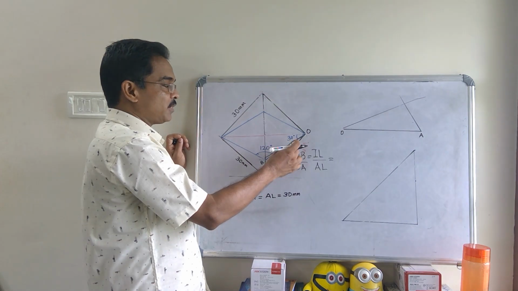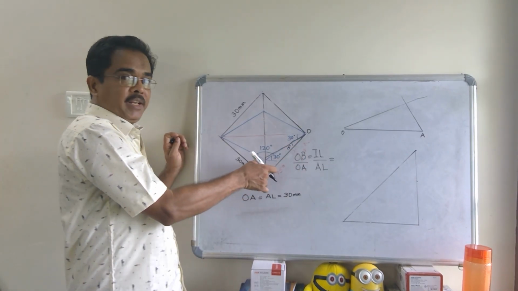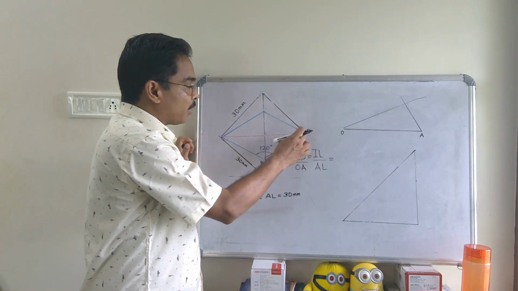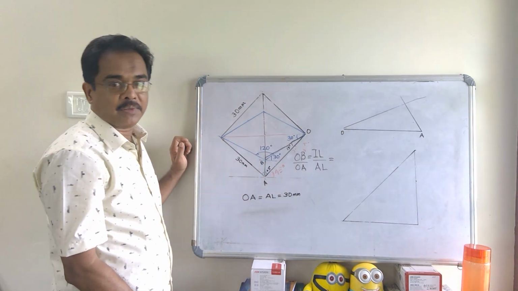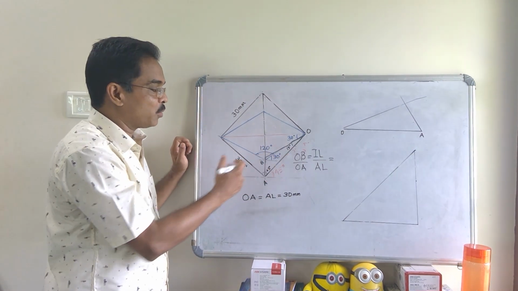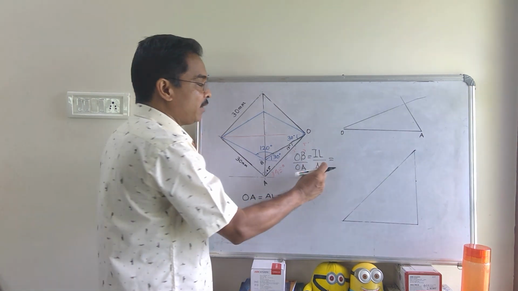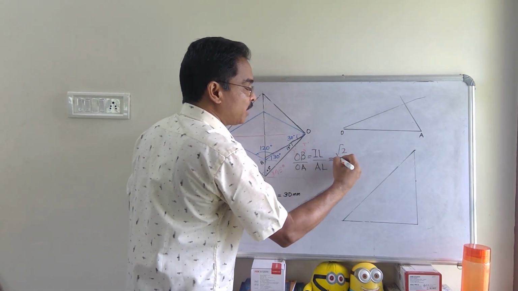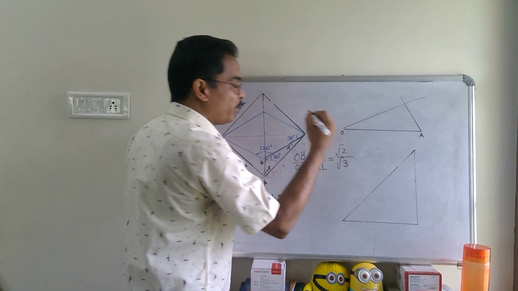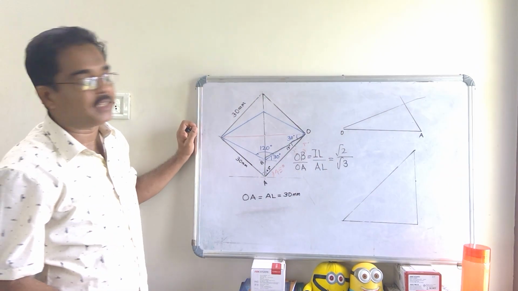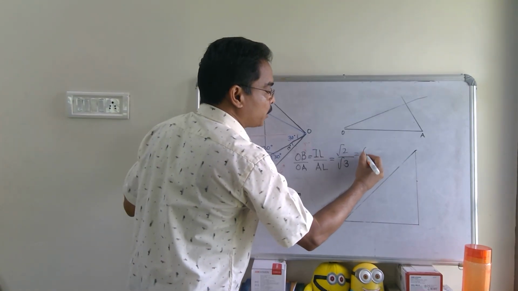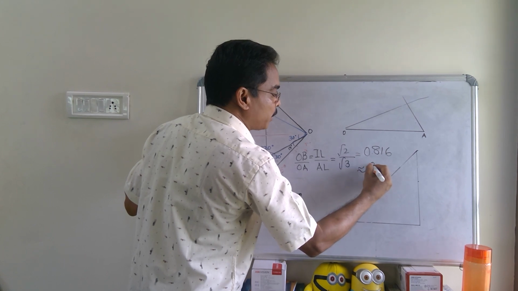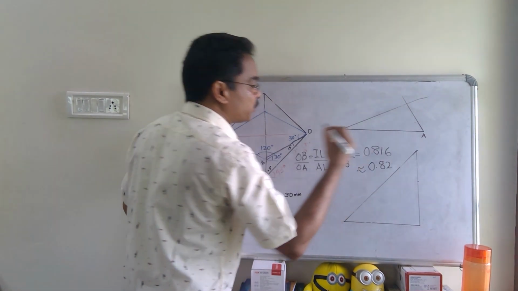For example, AB by sine 15 is equal to OB by sine 45. So I can find the ratio, and you can see that isometric length to actual length, using the property of the triangle, is root 2 by root 3, which is equal to 0.816, or approximately 0.82.